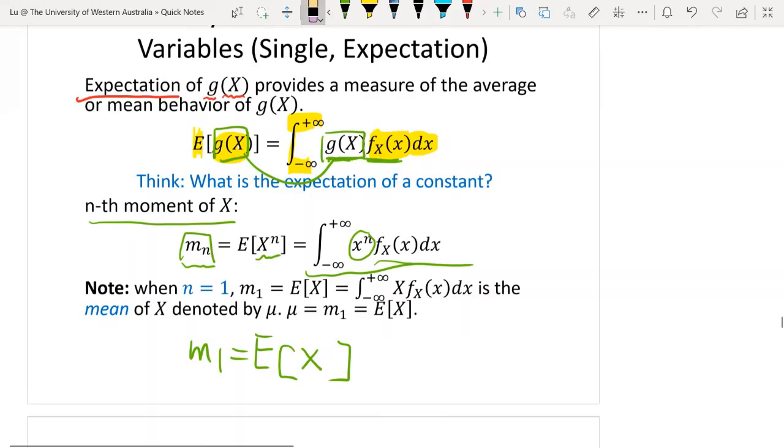So in other words, we are calculating the expectation of the random variable itself, and it is equal to the integration from negative infinity to positive infinity of x times f_X(x) dx. The result derived is called the mean of this random variable.